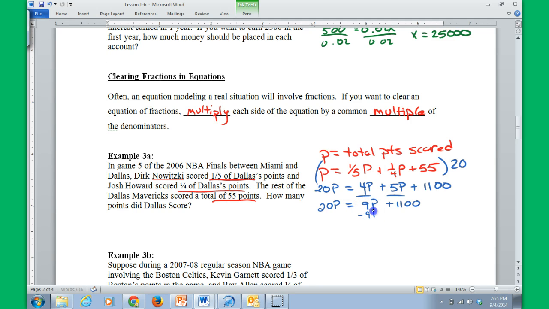So I can subtract 9P. Then I will have 11P equals 1,100. So therefore, P must be 100. All right.